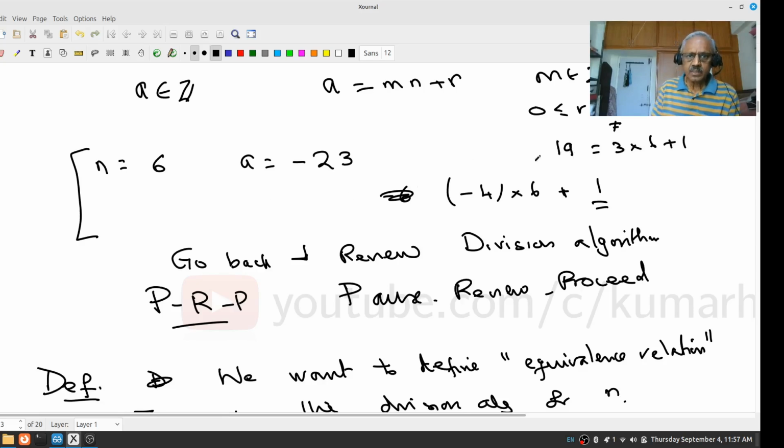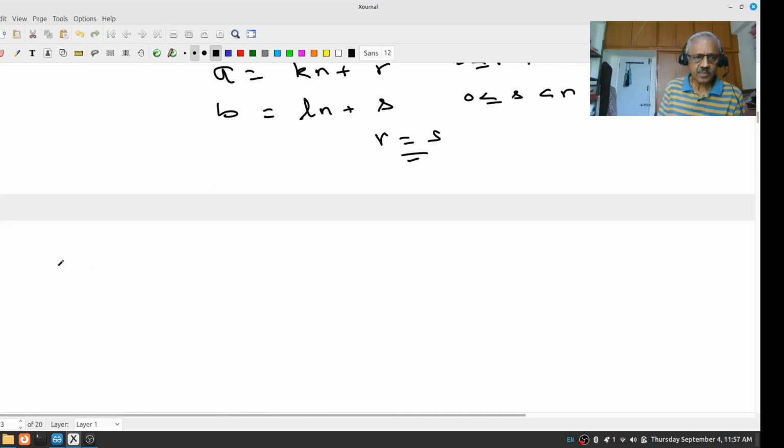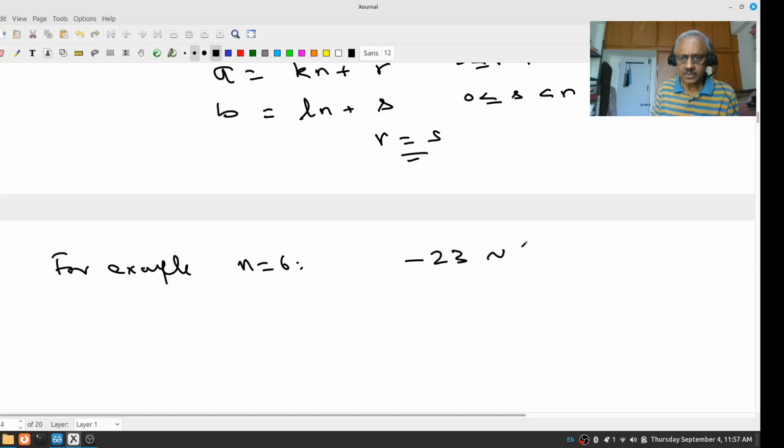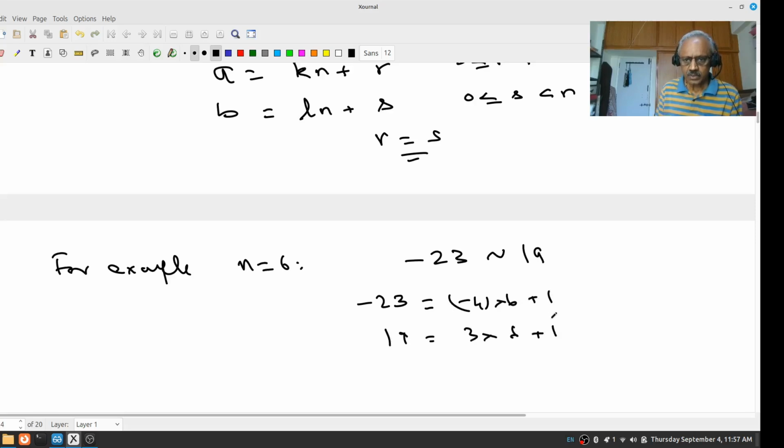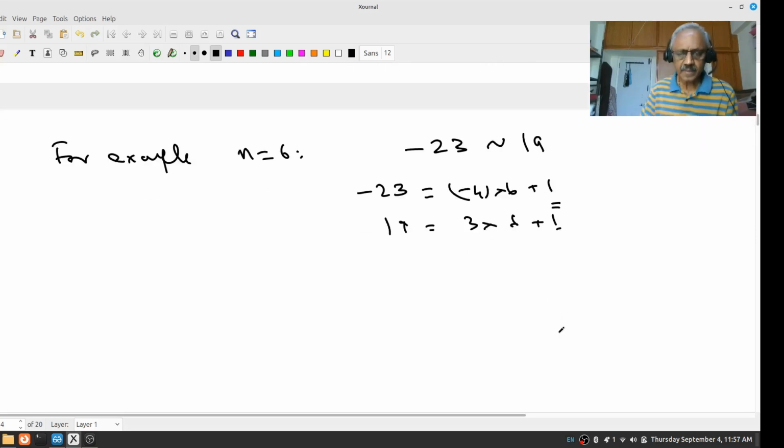Therefore, minus 23 is related to 19, because minus 23 is minus 4 times 6, which is 24, plus 1, and 19 is 3 times 6 plus 1. Therefore, the remainders are the same. Okay.